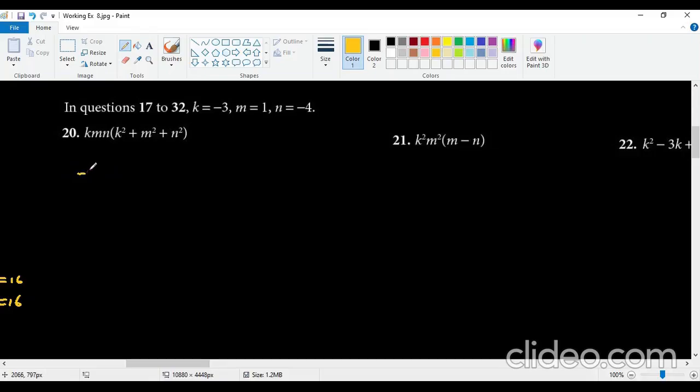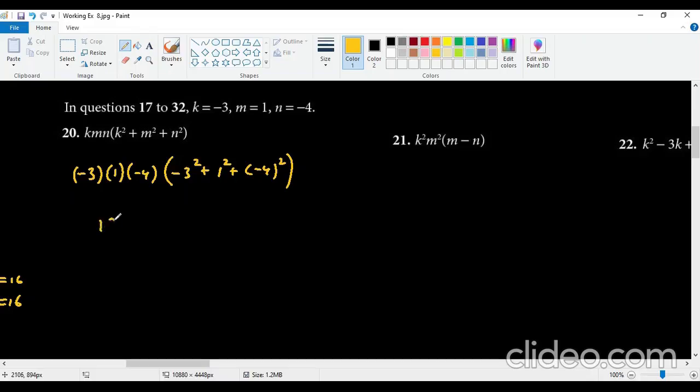Now comes the value of k, which is negative 3, multiplied by the value of m, which is 1, and the value of n, which is negative 4. This will be outside the bracket, and inside the bracket you have k, which is negative 3 square, plus m value, which is 1 square, and plus n value, which is negative 4 square.